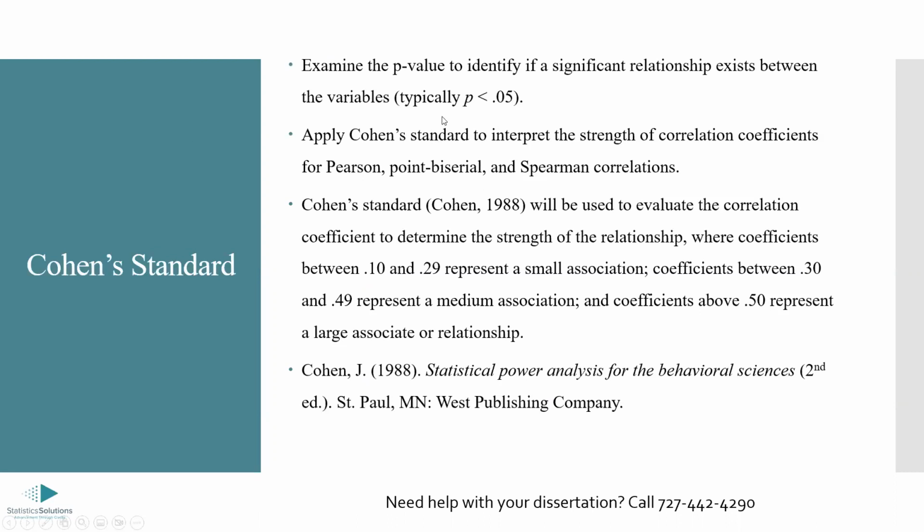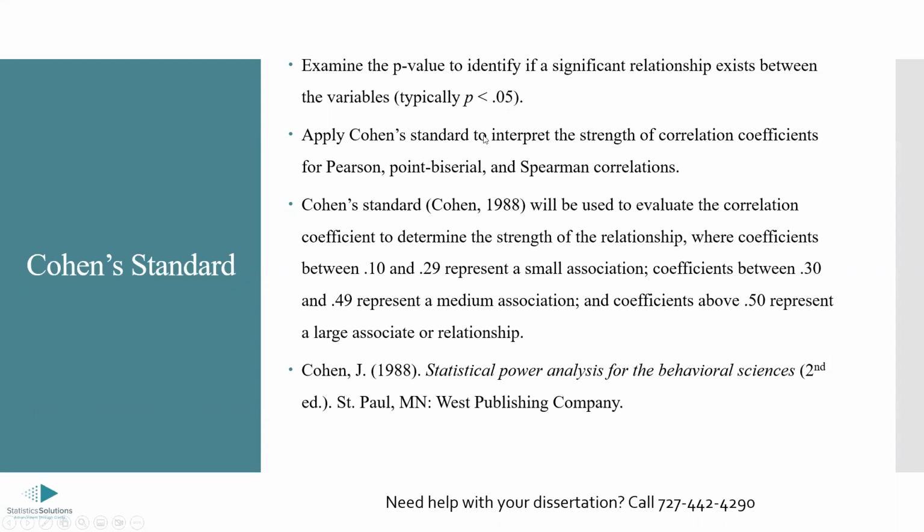When you do correlations, this is the typical path that you should follow for interpretation. Okay, so first you look at the p-value, and that's going to tell you if you have a significant association. And the most conventional cutoff for that is using a p-value below 0.05.